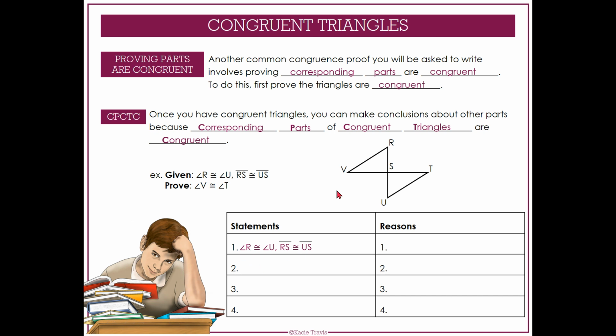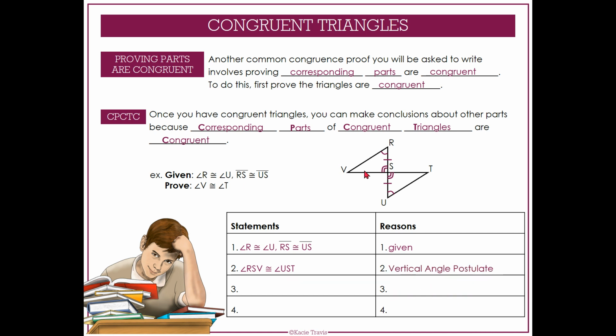First off, I know that these are congruent because this is given to me and I mark them up on the triangles. So that's given. Now, we see a shape that we're familiar with right here in the middle where S is at. This crisscross produces a pair of angles that we are familiar with. So RSV and UST are a pair of angles right here at point S, and these are vertical angles.